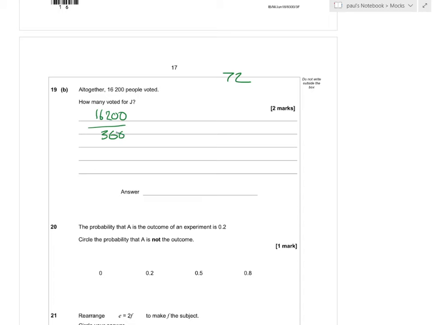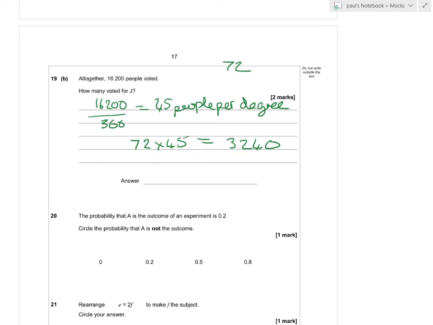Divide that by 360, and you'll find how many people per degree. 16200 divided by 360 equals 45 people per degree, and I've got 72 degrees, so 72 times 45 is 3240. How are we doing with that?